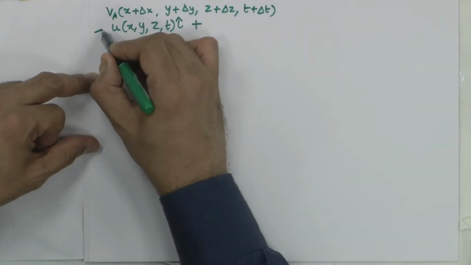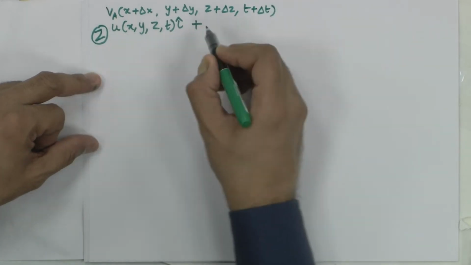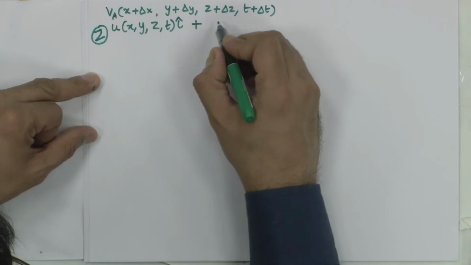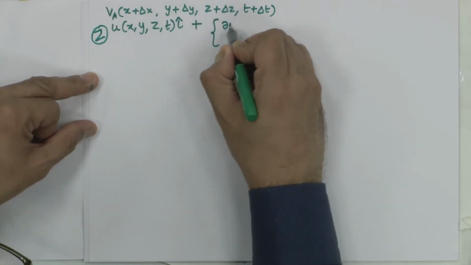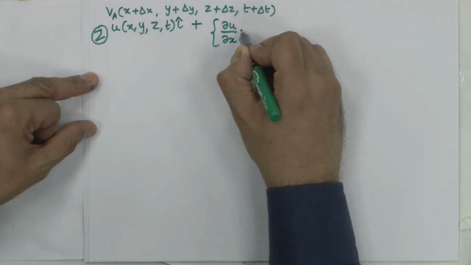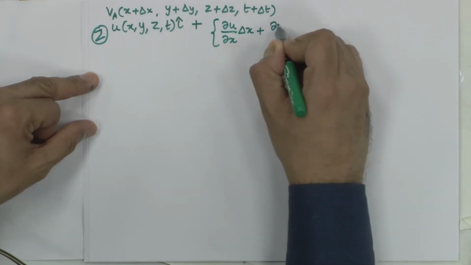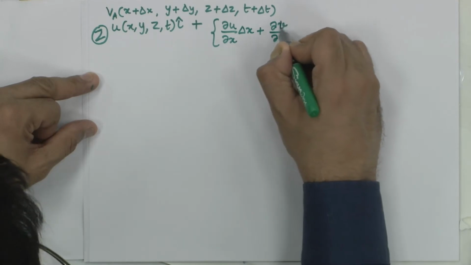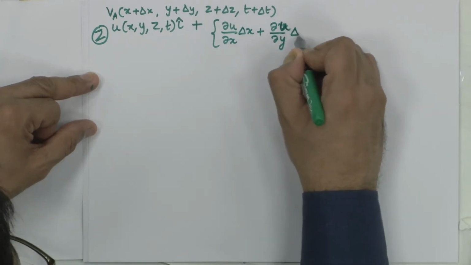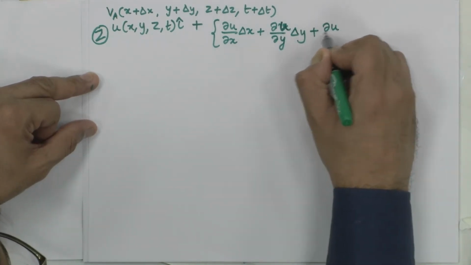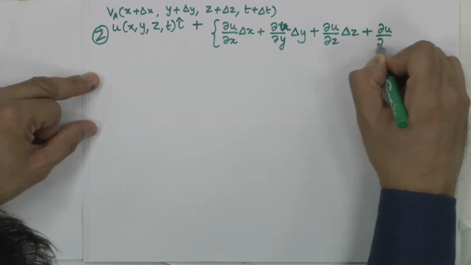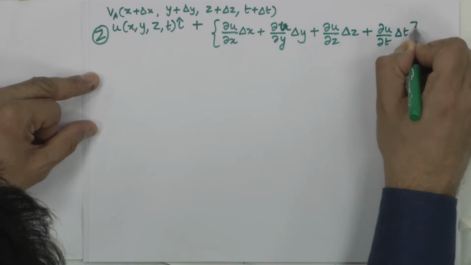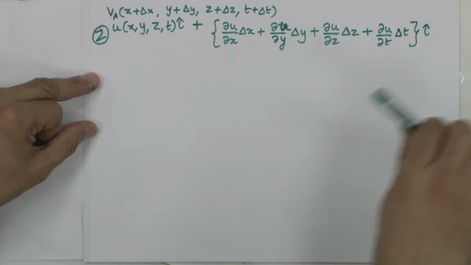I am writing this equation 2 again in these terms which are expanded form, plus du by dx delta x plus du by dy delta y plus du by dz delta z plus du by dt delta t i cap.